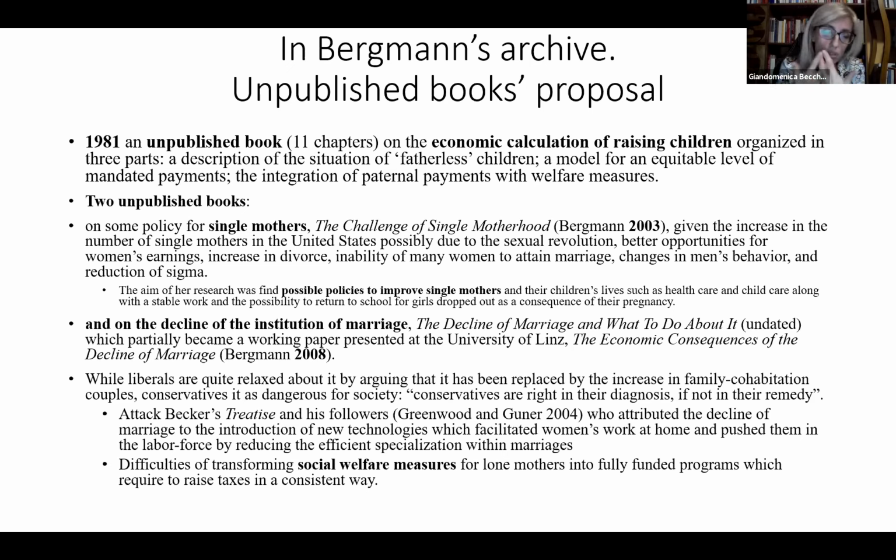It was supposed to be a book on the decline of the institution of marriage. She was absolutely obsessed with the fact that in the last three decades, the institution of marriage has declined dramatically. And she was very worried because the effect of this decline would somehow harm society as a whole and would be very dangerous for the new generation, for children who were growing up.